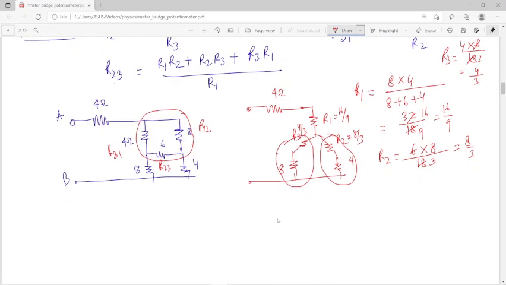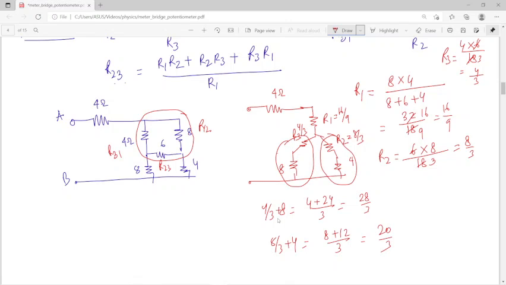So now 4 by 3 and 8 are in series, that means 4 plus 24 by 3, that means 28 by 3. Similarly 8 by 3 plus 4, those two are in series, that means 20 by 3.